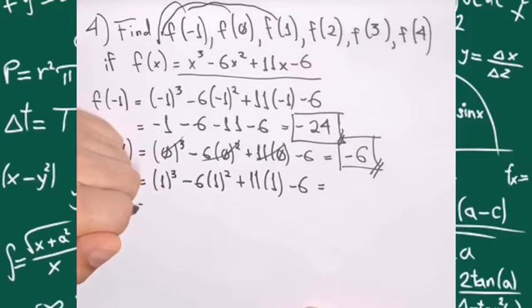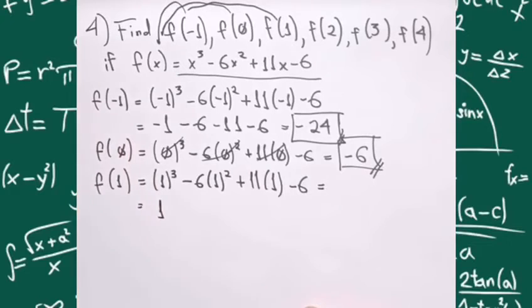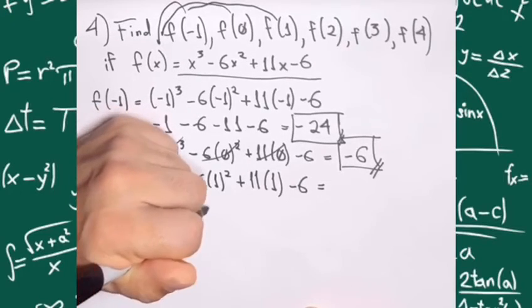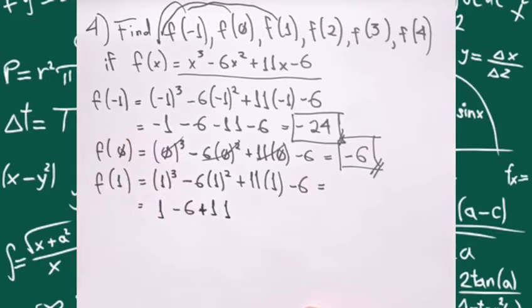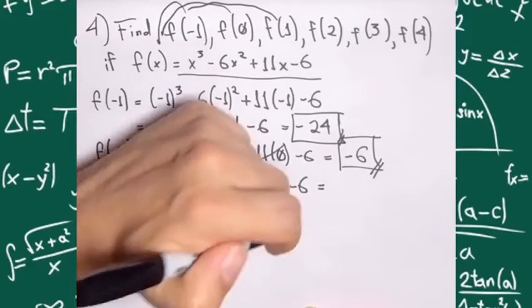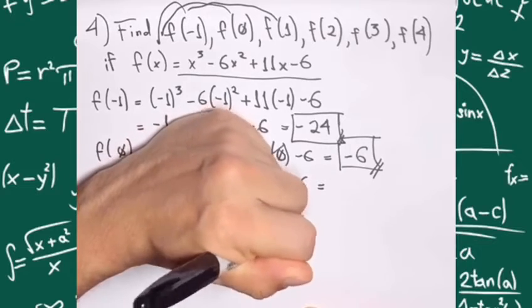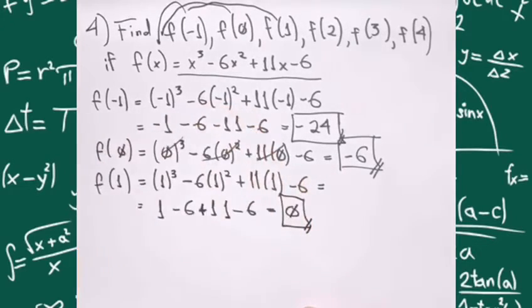You have to do this over and over again, and by practicing, you're going to get really fast at it. That's the idea, to breeze through all these simple operations. So we have 1 cubed is 1, minus 6 times 1 squared is minus 6, and 11 times 1 is plus 11, minus 6, the independent term, and then all you have to do is associate positives with negatives. In this case, 1 plus 11 is 12, and minus 6 minus 6 is minus 12. 12 minus 12, 0. There you go.